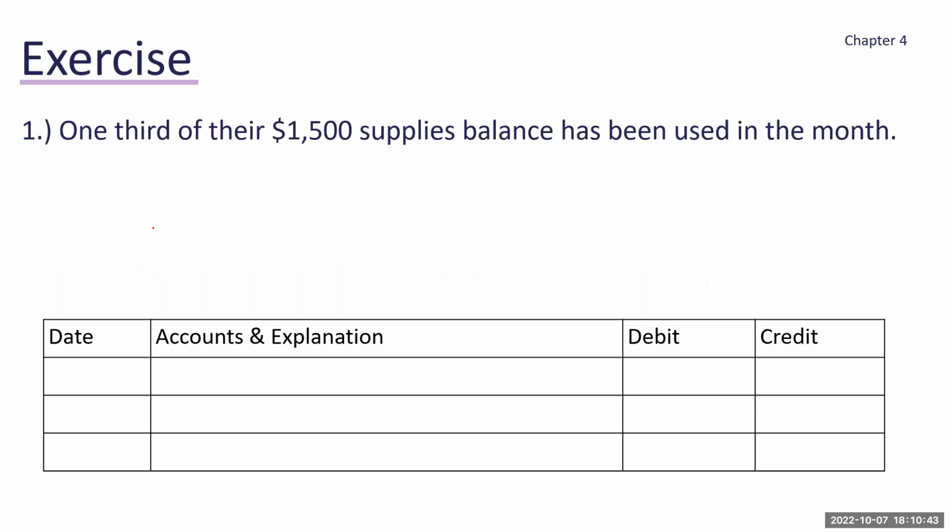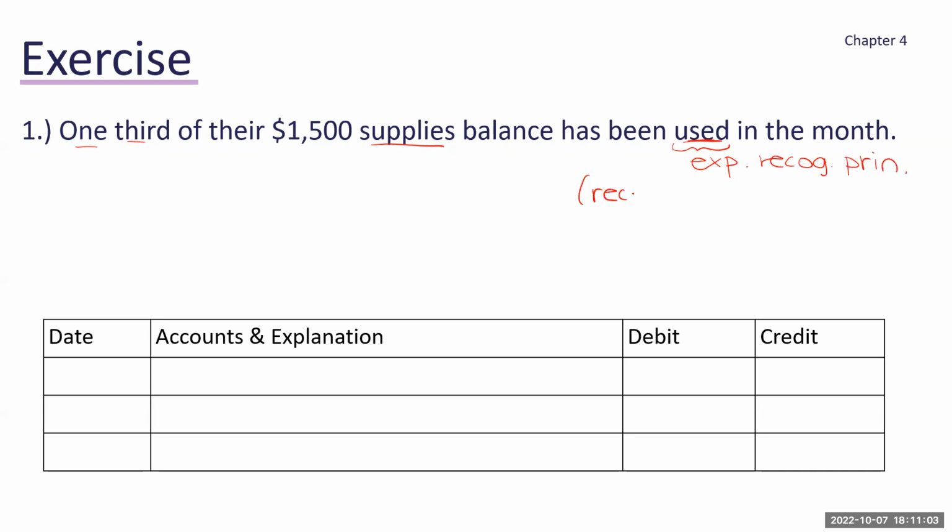Okay, let's see. 1/3 of their supply balance has been used. All right, so usage, if we've used something up, we have to put it to our expense account, right? That is what the expense recognition principle tells us. You remember those principles from chapter 3.